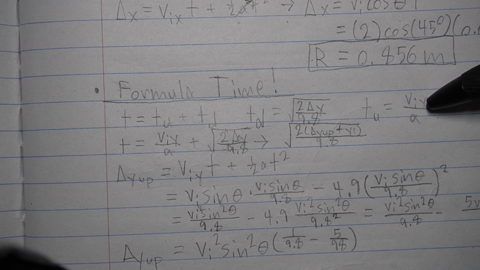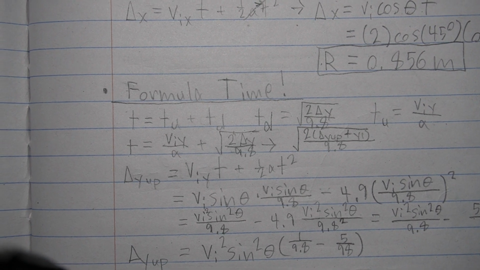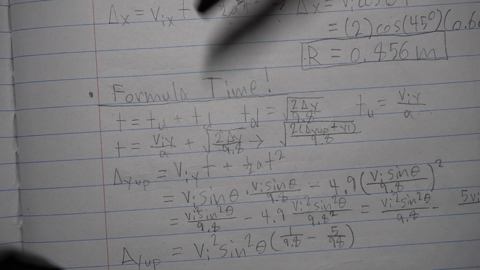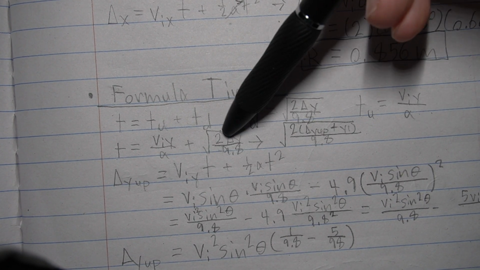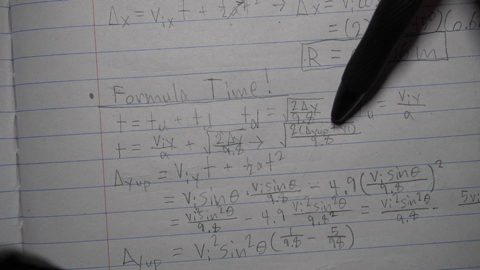And then I also had the equation for TU, which is a lot simpler, just VIY, initial velocity in the y component, over acceleration. And then I expanded it a little bit. The actual change in y, delta y, equals the change in y up plus y1.